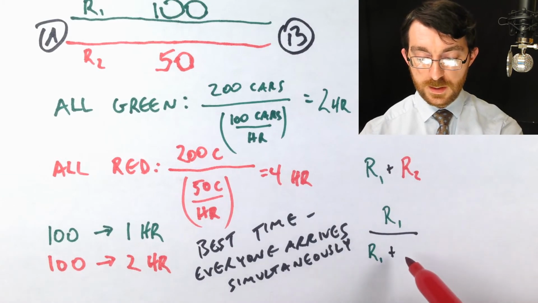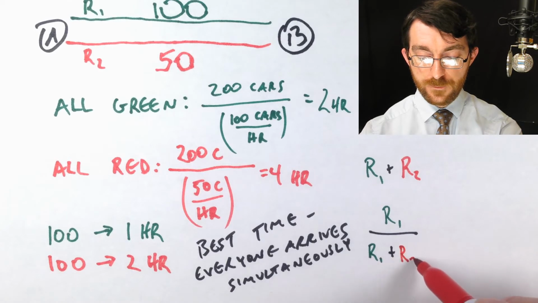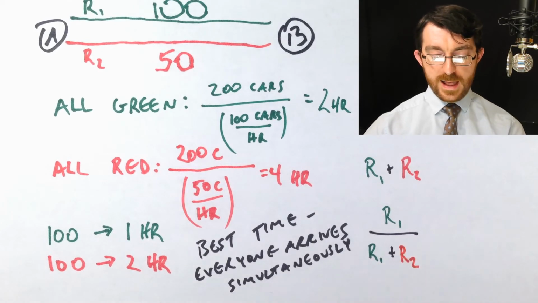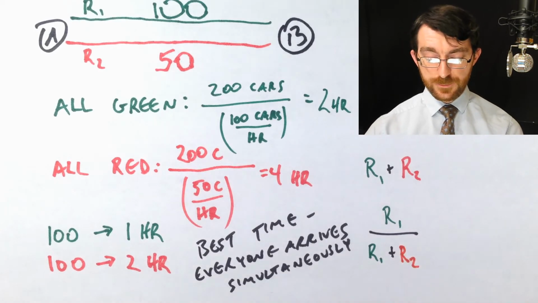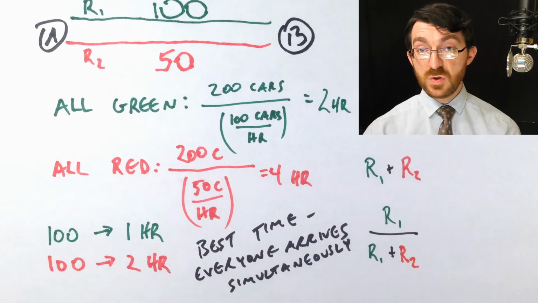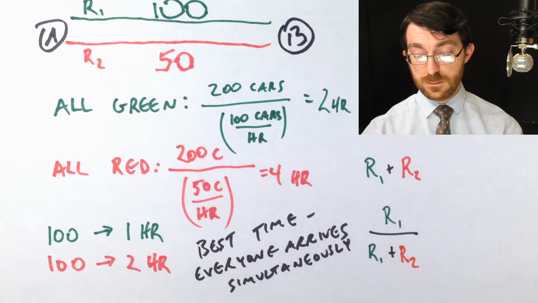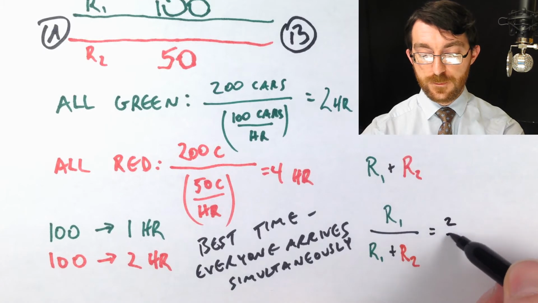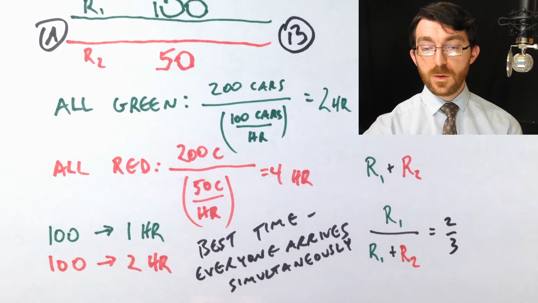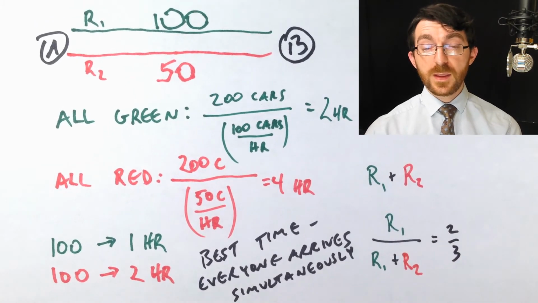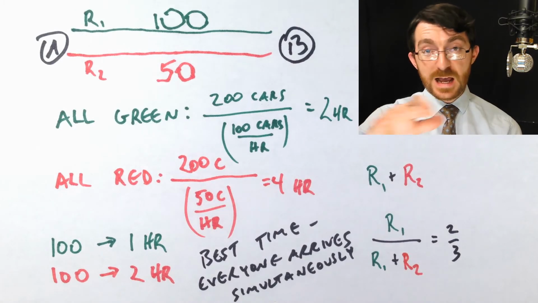And in this particular case, this fraction happens to be 2/3. In other words, the green road can do 2/3 of the traffic of the entire road system.